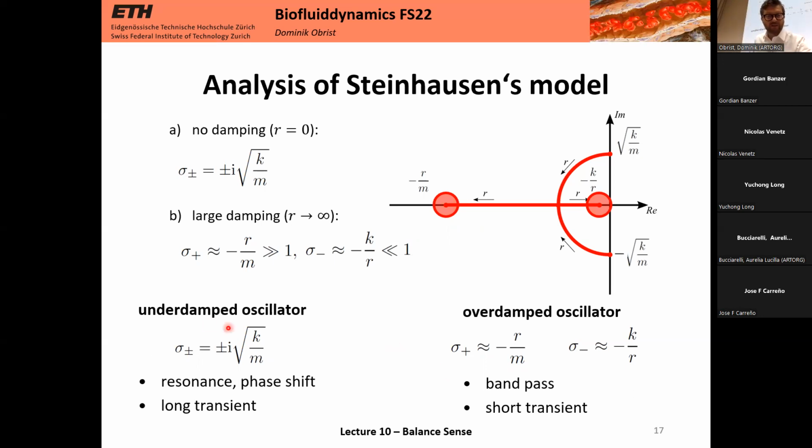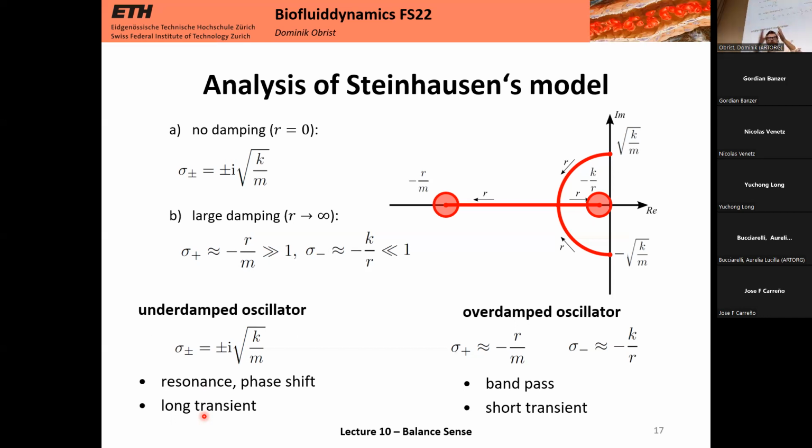Why? If it was underdamped, subcritically damped, we would first of all have oscillations, which is not really a good thing, because it would not help you to fix your vision and to keep stability. Plus, if you have a little damping, we have a very long transient. So if you stimulate the system, it keeps swinging for a long time, right?